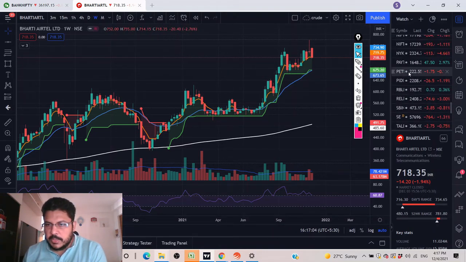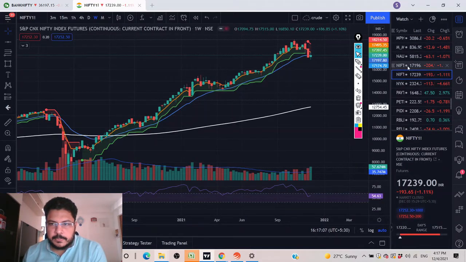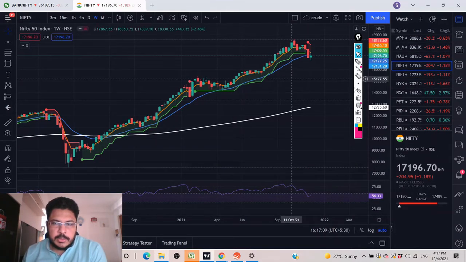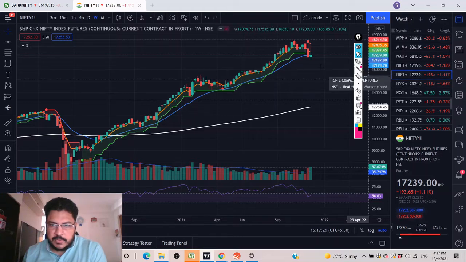Let's look at Nifty. Nifty spot, Nifty future. Nifty future is giving good volume here with a 50% candle, but we still have to wait for a confirmation above this candle.